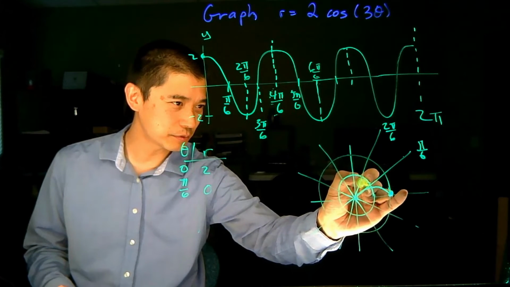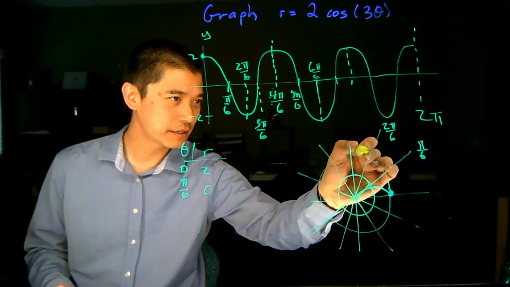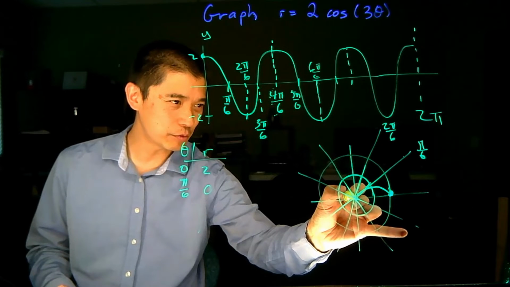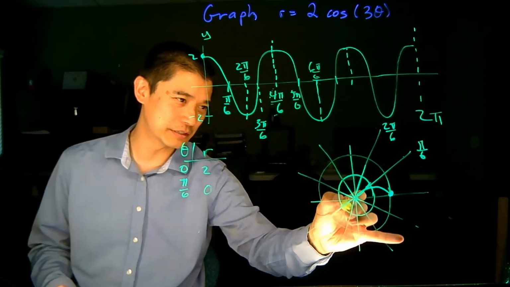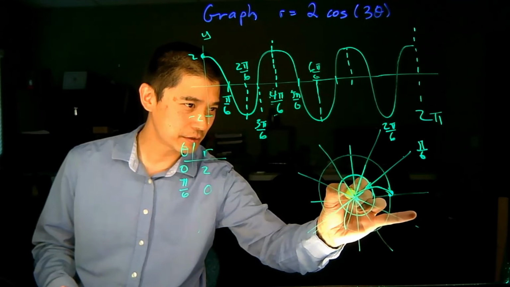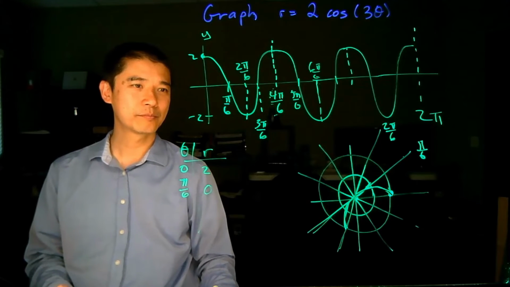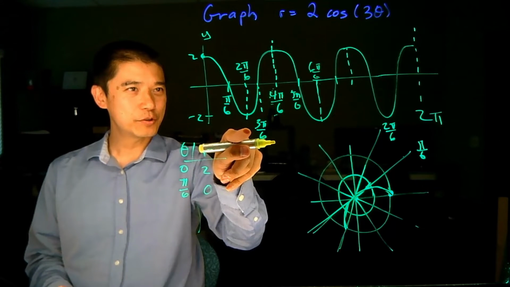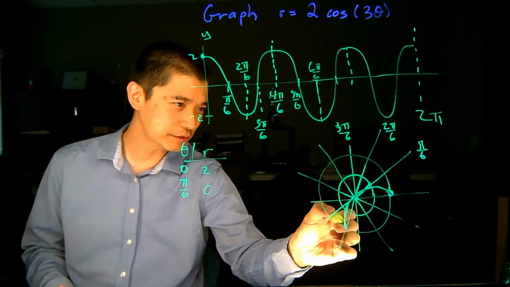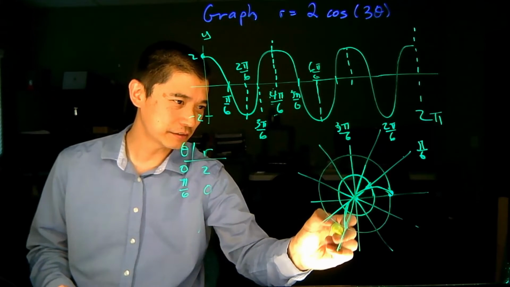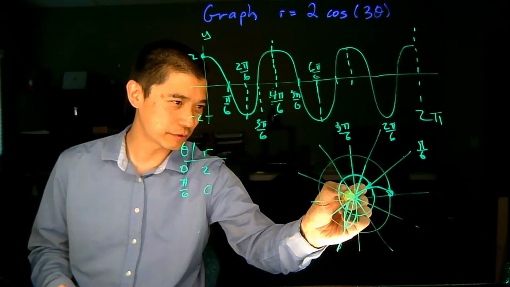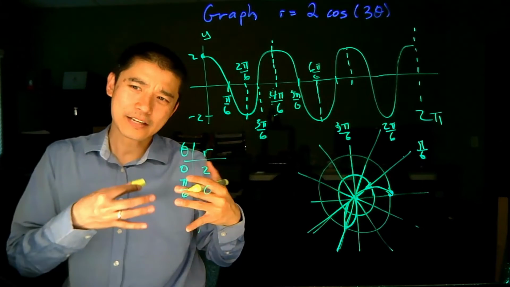So if we extend this one through this way, extend that one through this way, we're going to be between here and here, and we're going out from radius 0 back to radius, well, negative 2, so out to the circle of radius 2 like this. Get this shape here to that shape there. From 2 pi over 6 to 3 pi over 6, we're still negative, so the negative 2 pi over 6 is down here. 3 pi over 6 is straight up, so we're going to be moving in towards 0 as we get closer to straight up.